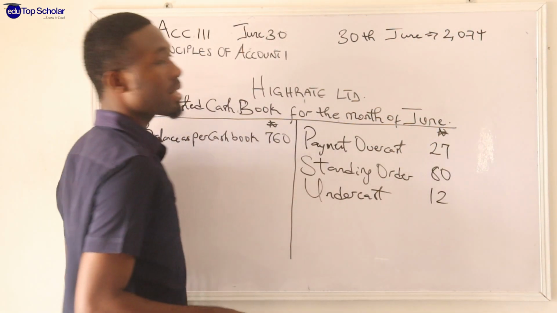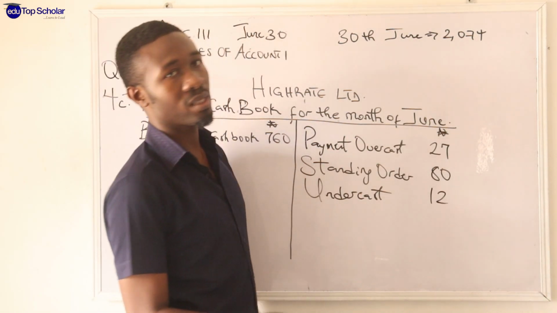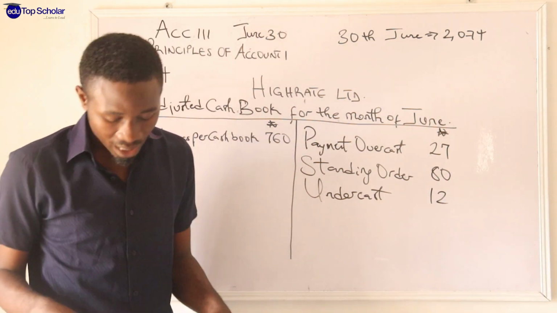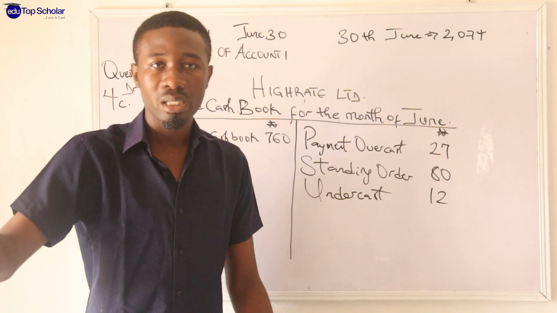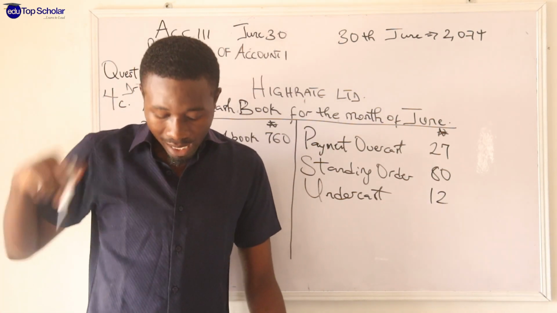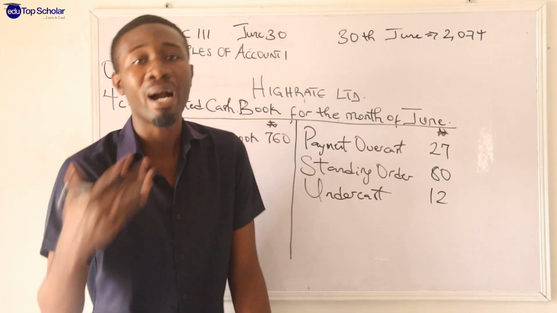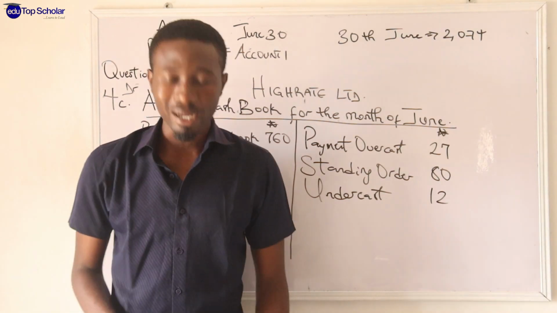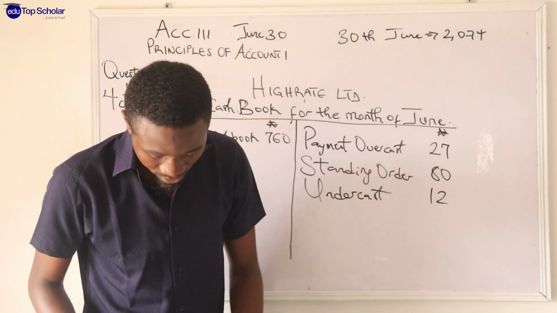But this person did not take the check to the bank until 6th of July. So it means the bank has not seen it. The bank would not have paid the person, but we have recorded in our books that we have paid the person. So it's not an error by the bank. It has to be recorded as an unpresented check. It has not been presented to the bank as at the date we were preparing this cash book. So it will be recorded in the bank reconciliation statement.